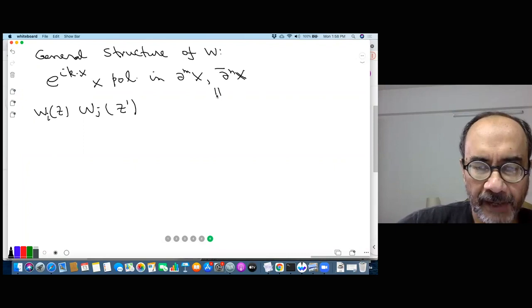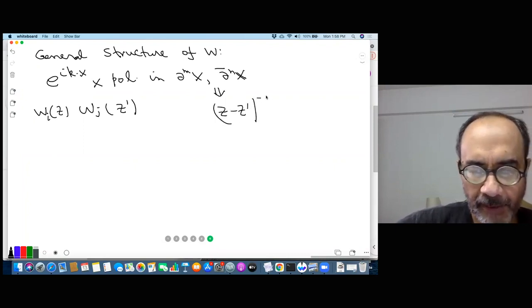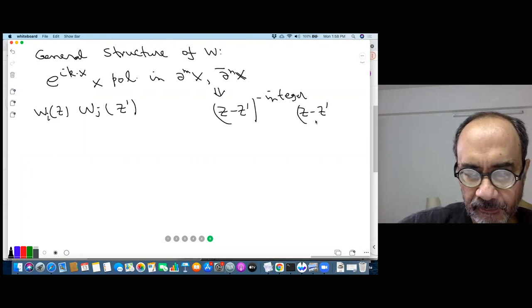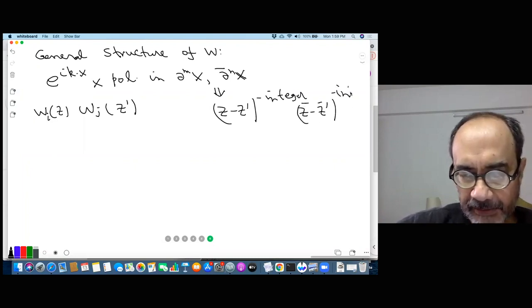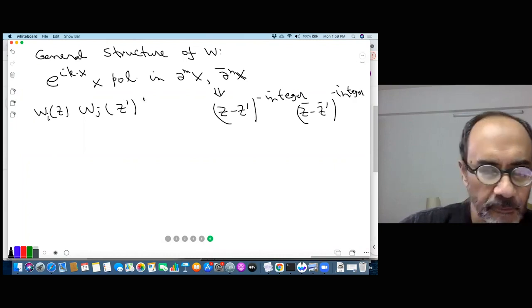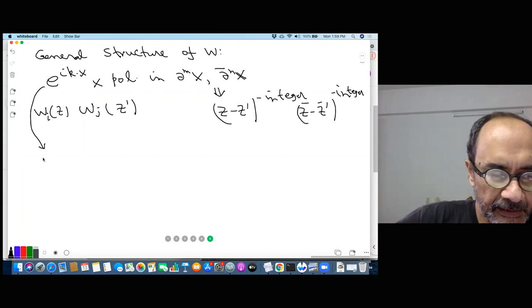These factors give z minus z prime to the power minus some integer, and z minus z prime, z bar minus z prime bar to the power minus some integer. These give you z minus z prime. I'll write this down explicitly.